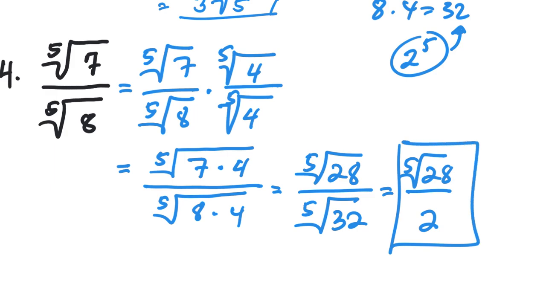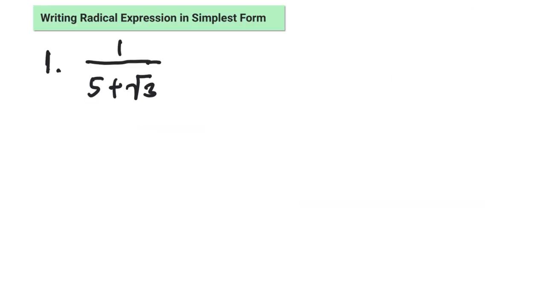The most important thing is we were able to rationalize the denominator. Writing a radical expression in its simplest form: I would like you to take note that it means there are no radicals in the denominator. That is the definition of simplest form.